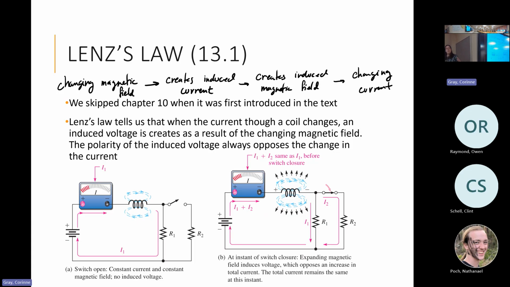If I look at my diagram for the magnetic field, what these arrows here are representing is an increased amount of magnetic field inside of my circuit. Because I have this changing magnetic field, I now have a change in the current that I am going to be seeing.